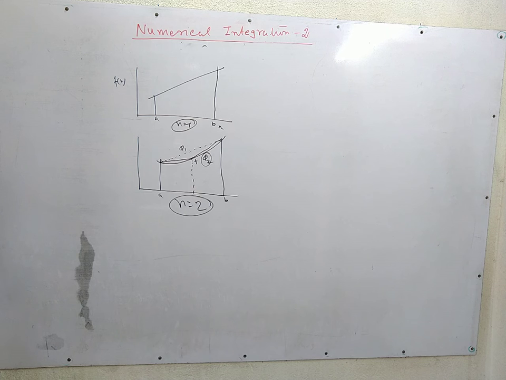If the integrand is a complicated nonlinear function and you are getting a result which does not change appreciably by increasing n in trapezoidal rule, then there must be something wrong in the programming.